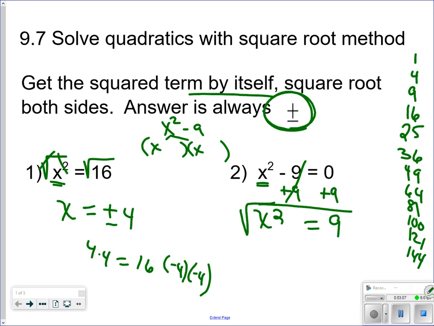So we'll square root on the left, square root on the right. Square root of a square, remember, is just x equals. Now right here, every time you have to put plus and minus. And 9 is on your list. 9 is a perfect square. 9 comes from 3. So the two answers to this one are positive 3 and negative 3.